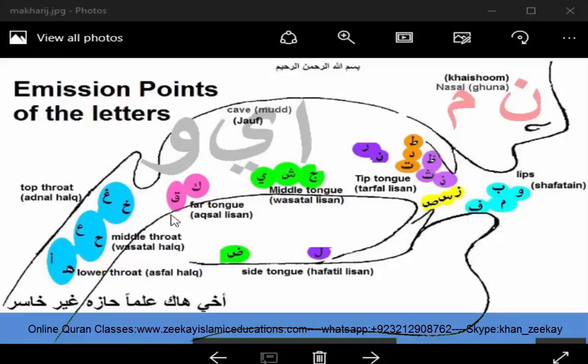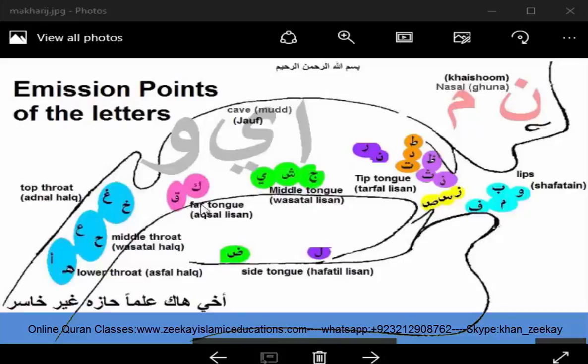When the back of the tongue touches the palate, we pronounce two letters: kaf and qaf. But qaf is pronounced by touching a bit farther part of the tongue to the palate. This is for qaf: the extreme back of the tongue touches the palate to produce the letter qaf.